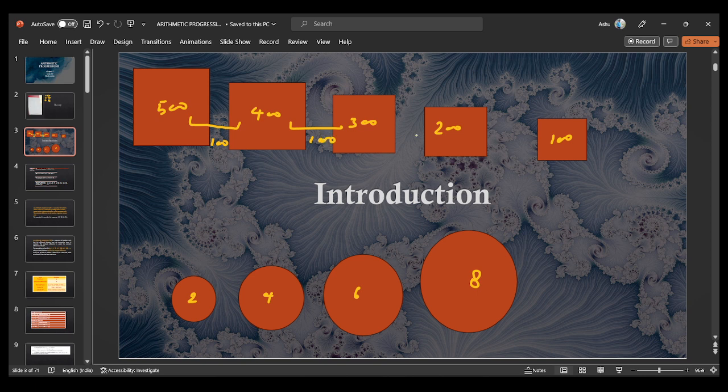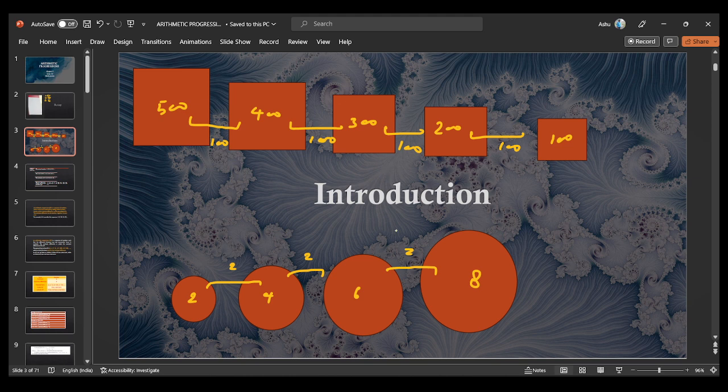This is a fixed 100 and 100. Now in the figure of circles we get a difference of 2 between two circles. There are two differences in radius. Then these differences are common.